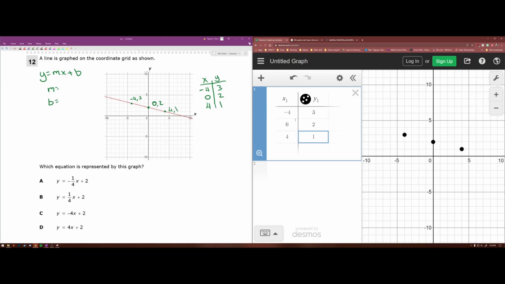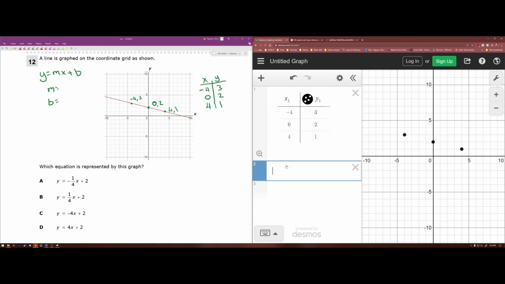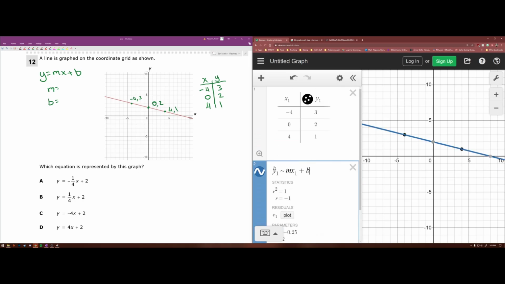Once you have your table entered in, all your points, we're going to go to line 2, the second line. And this is where we're going to type y1 tilde mx1 plus b. If you remember, the reason I put y1 and x1 is because our table in Desmos is x1 and y1.